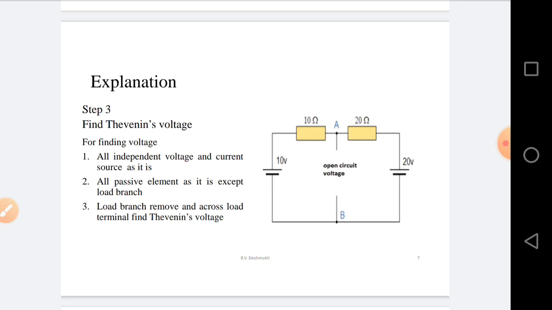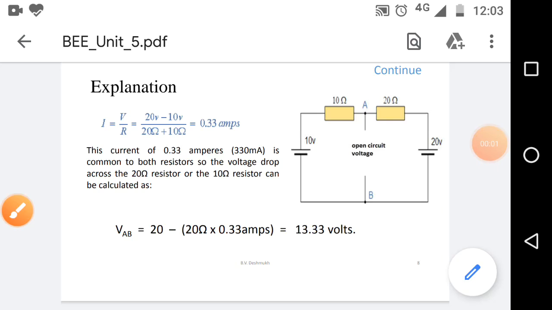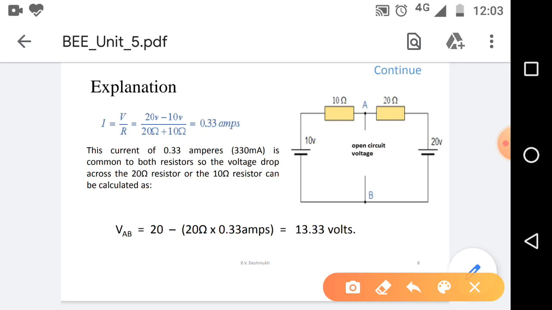For this we can apply Kirchhoff's voltage law, also called mesh analysis, and Kirchhoff's current law, also called nodal analysis. Here I am applying mesh analysis to find the current I flowing in this circuit.